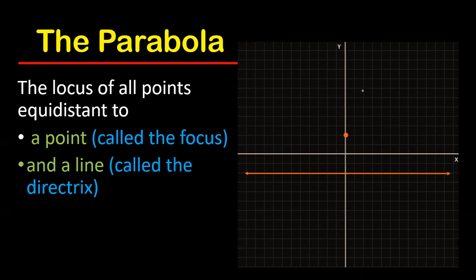So if this is your focus and directrix, and this is your parabola, then any point on the parabola would have the same distance to the focus and to the directrix.